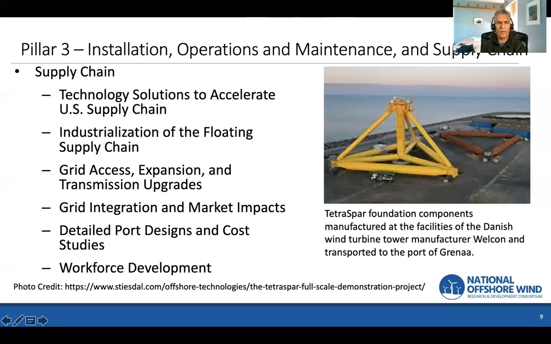There may be different requirements, and they may be integrated with the supply chain needs through manufacturing, and they have to be able to accommodate the vessels. We haven't done a deep dive on how those ports differ when we're talking about deploying a commercial scale floating project versus a commercial scale fixed bottom project. So these are questions that need to be studied.